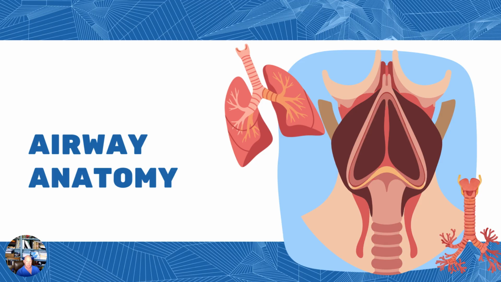Airway anatomy. We'll show you the normal way to examine an airway, just in case we need to intubate or ventilate a patient. We want to see what we need to prepare for just in case that might happen.